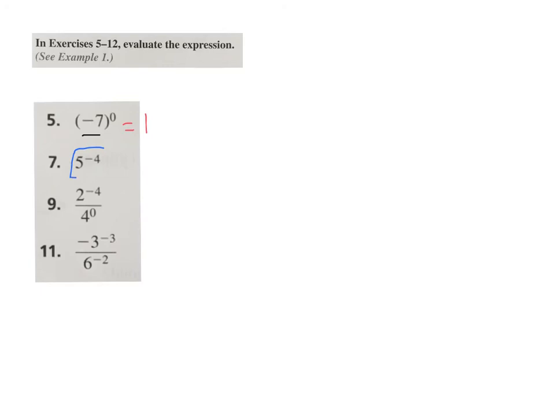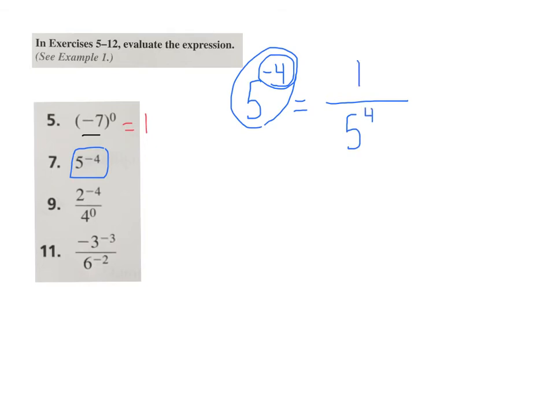Let's look at number 7. 7 says 5 raised to the negative 4 power. Well, this all is on top of the fraction, so let's move it all to the bottom in order for me to make this exponent positive. So if I move it to the bottom, I'll have 5 raised to the positive 4 power, and since there's nothing left on top, I'm going to write a 1.